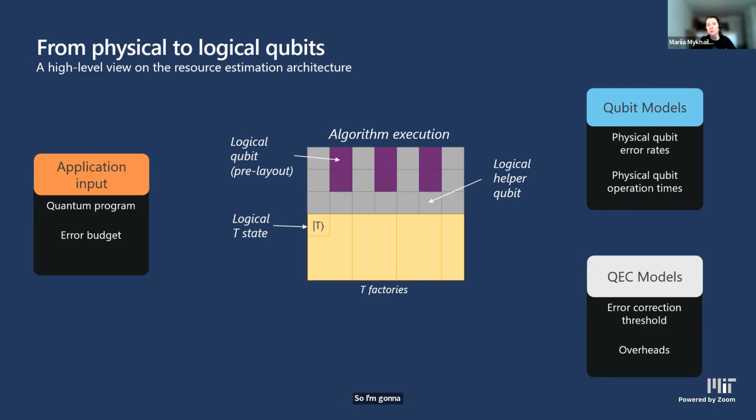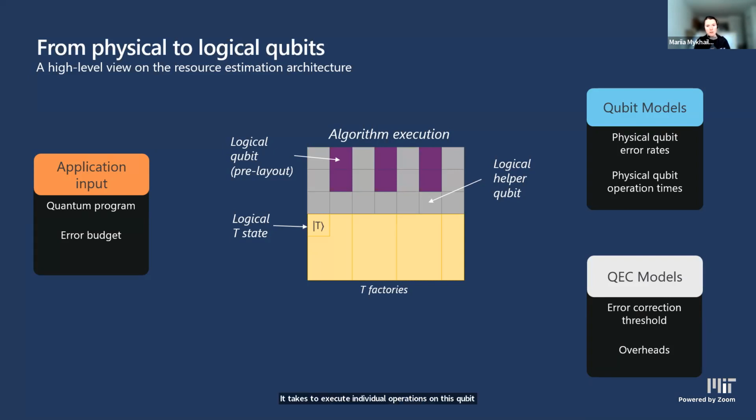So this is part of the domain-specific knowledge that you provide to it. On the other hand, resource estimation takes a lot of information about the qubit models, which gates are expensive and which are not, the error rates on the physical qubits, and the time it takes to execute individual operations on this qubit model.